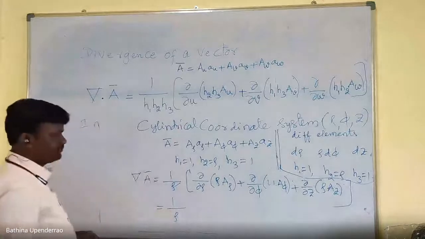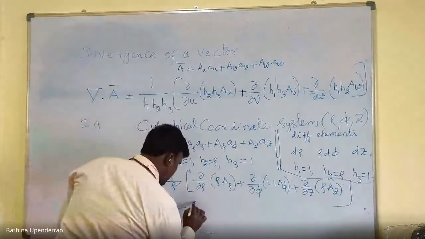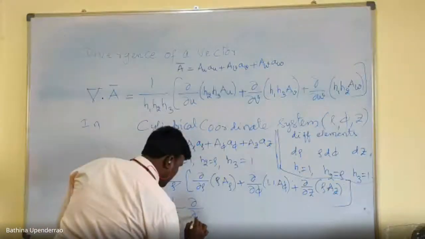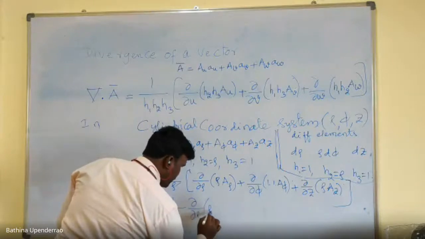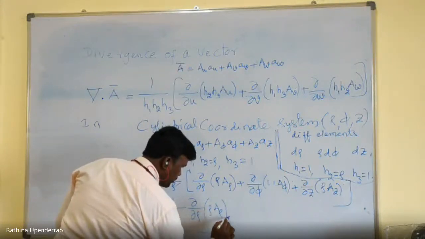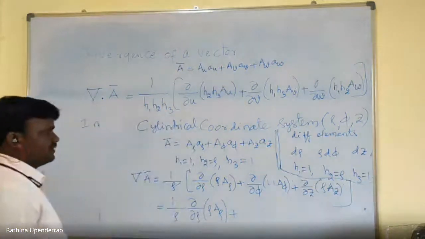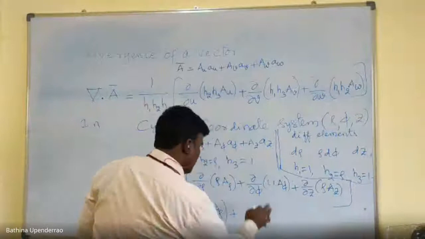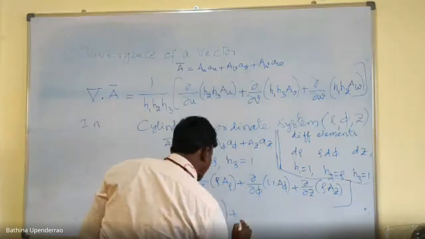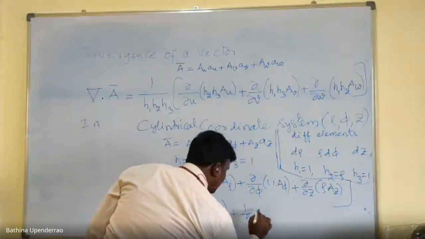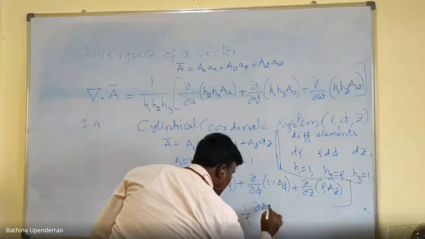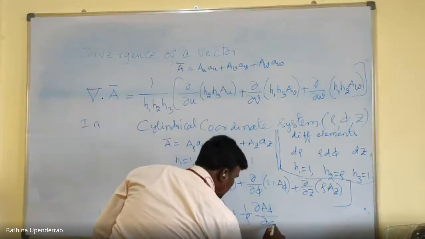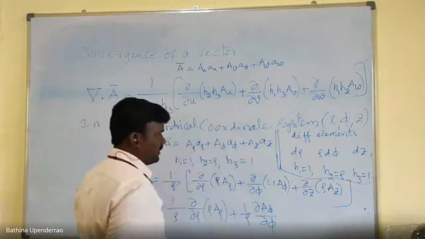1 by rho, dou by dou rho of rho A rho, plus 1 by rho into this one, differentiation with respect to phi, 1 into A phi, that is A phi only. We can write that as 1 by rho, dou A phi by dou phi.